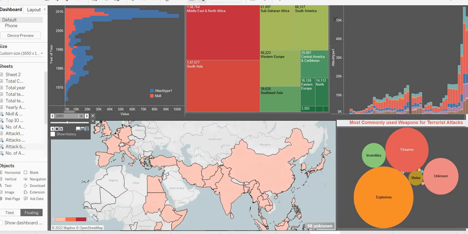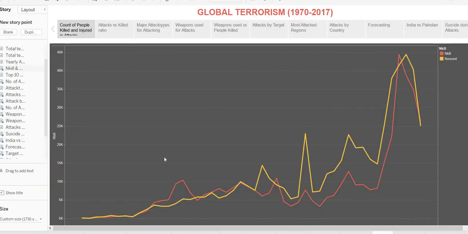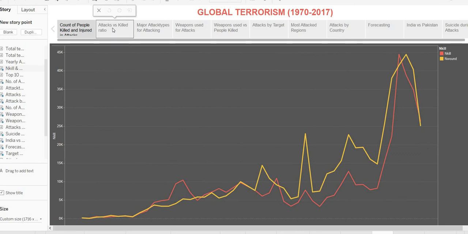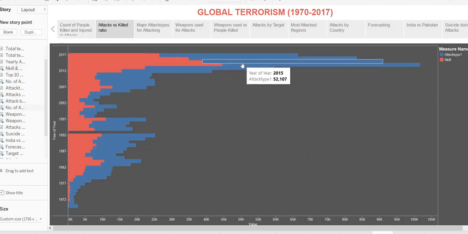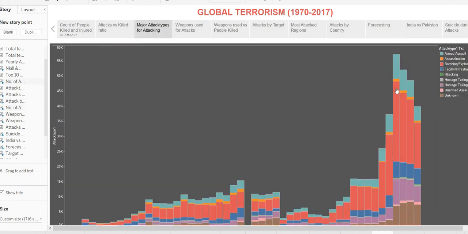With this, I have made a story to get better insights into these terror attacks. As we already saw, the number of people killed and injured was highest in 2014. And as we know, bombing and explosion was the main attack type used.